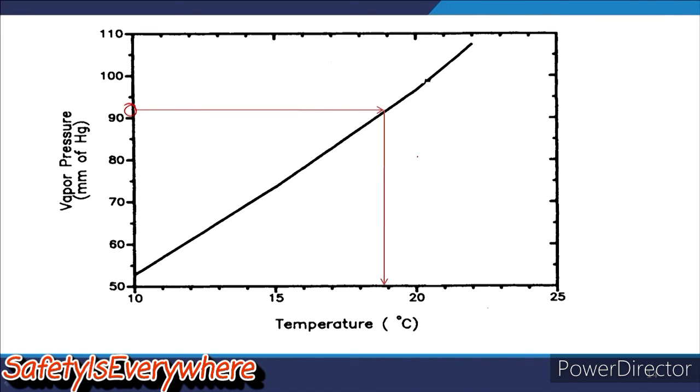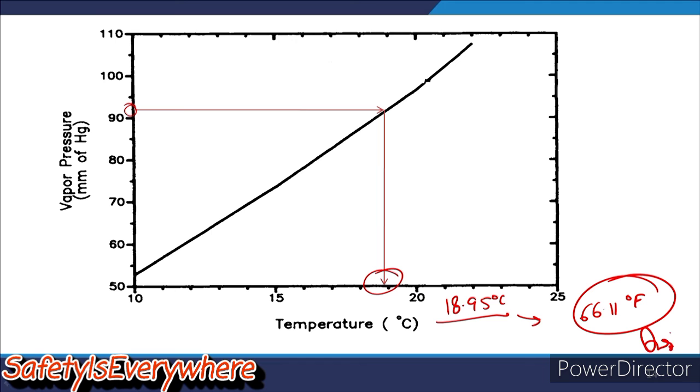Based on this plot, we can calculate the temperature and the flash point of the solution, which comes out to be somewhere near this particular point, which is 18.95 degrees Celsius, or if you convert into Fahrenheit, 66.11 degrees Fahrenheit. So this is our solution.